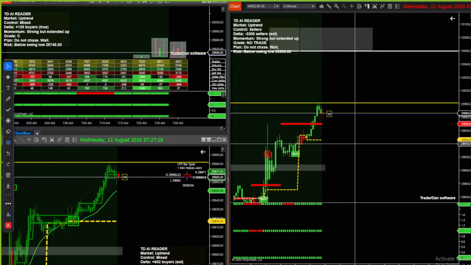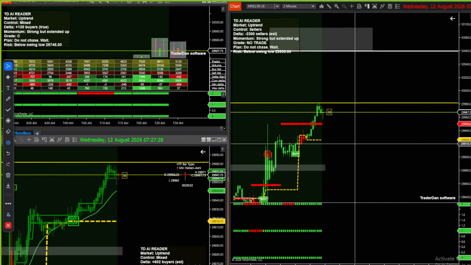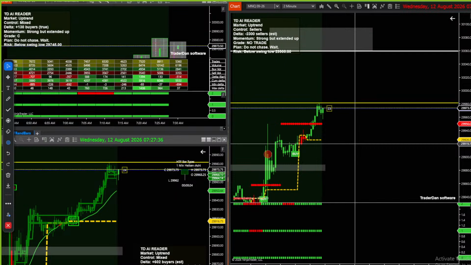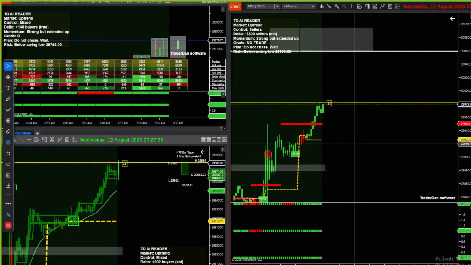Still strong, extended price up. It's a little bit of a mixture coming in on the smaller time frame with some sellers here. I do not want to punch up to 30,060. If it does, it's going to throw us for a loop this morning. But we are extremely bullish.